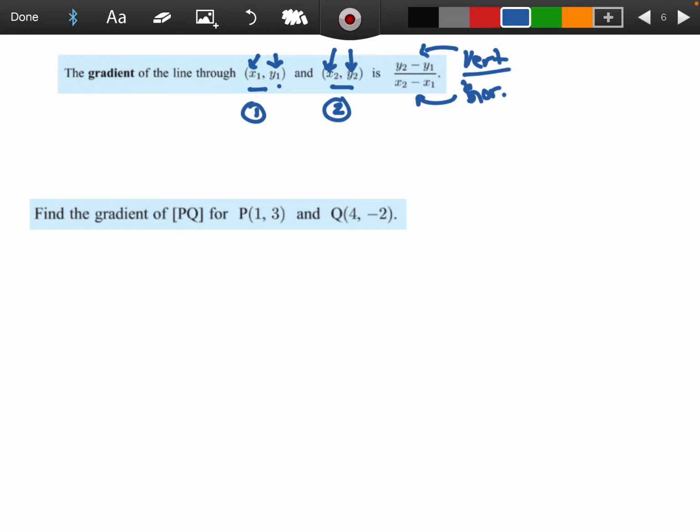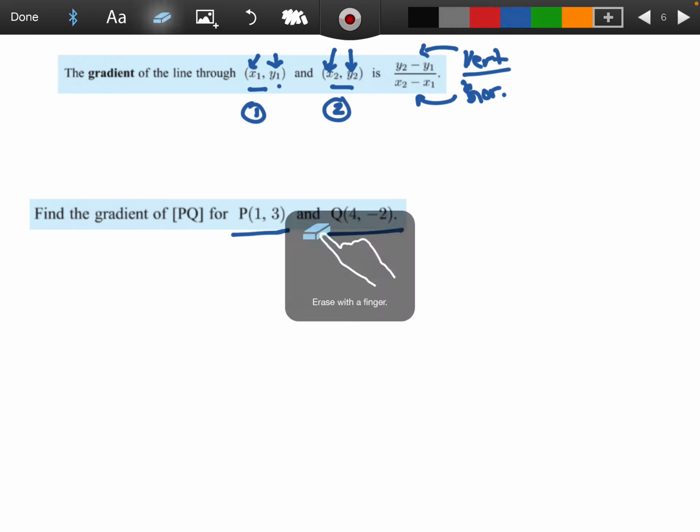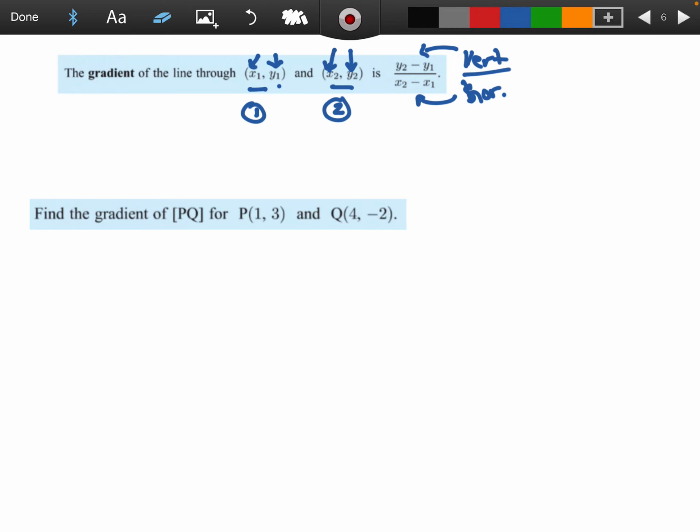So if we look at the example below, find the gradient for point P, which is 1, 3, and Q, which is 4, -2. So the first thing you need to do is assign, arbitrarily, one of them to be point 1 and one of them to be point 2. It does not matter which you make point 1 and which you make point 2. You will get the same answer if you do it correctly.